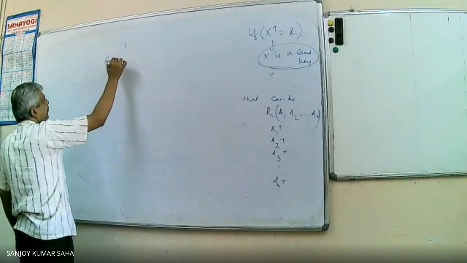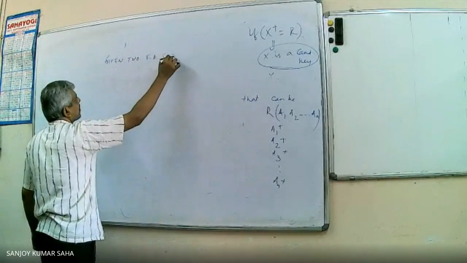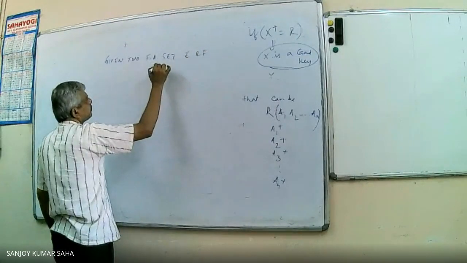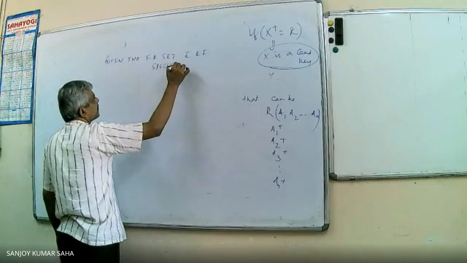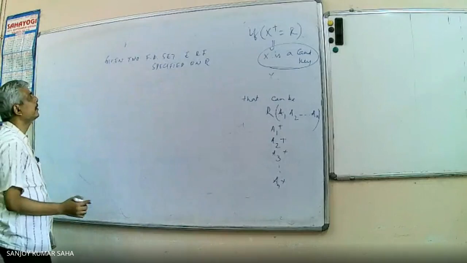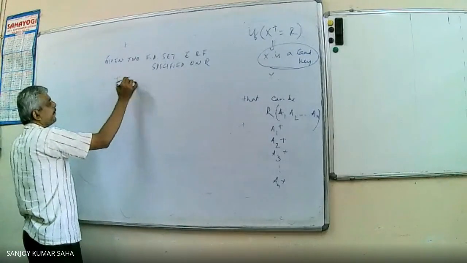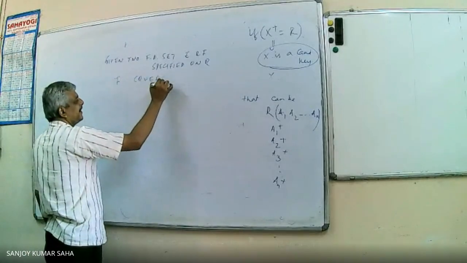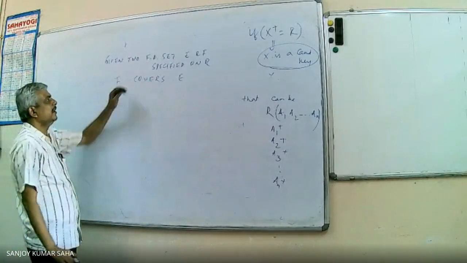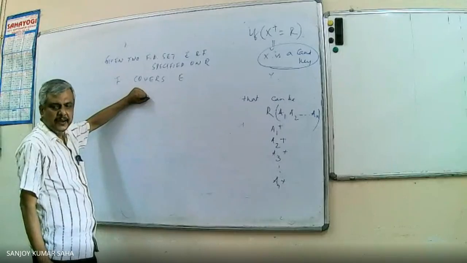Say given two functional dependency sets, say E and F, both specified on R. We say F covers E, though they may not have the same functional dependencies.